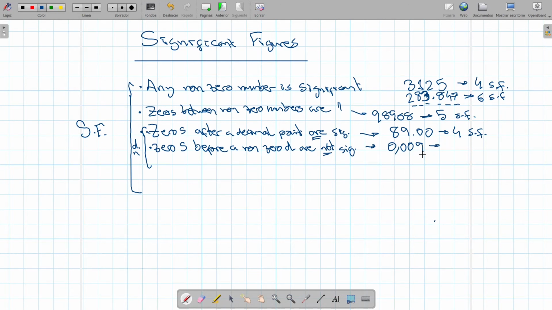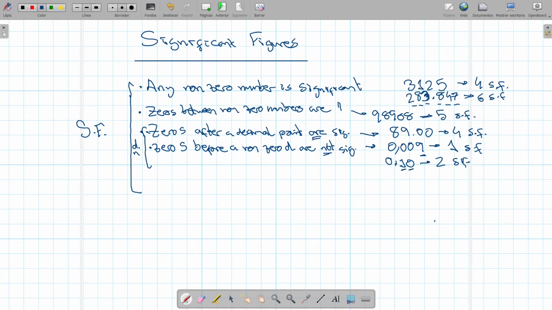The only thing I am sure of here is that it has a 9. So this is one significant figure, and 0.10 has two significant figures, this one and this one, because the one before does not count.